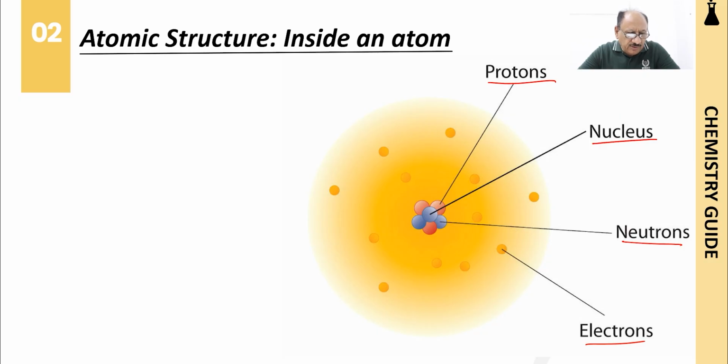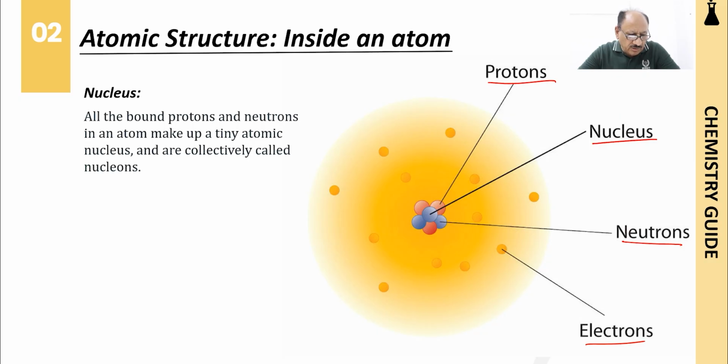All the bound protons and neutrons in an atom make up a tiny atomic nucleus and are collectively called nucleons, and the nucleus is the central part of the atom.